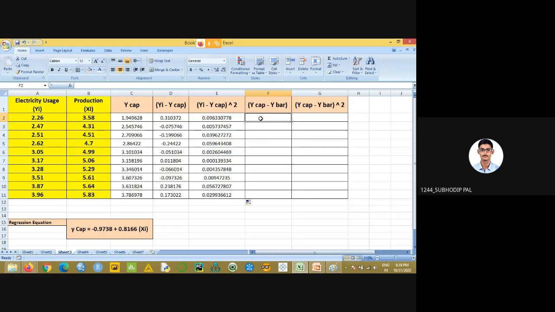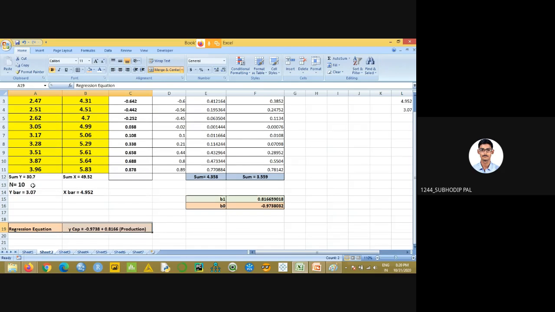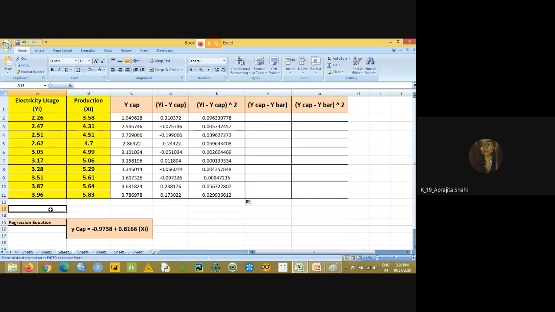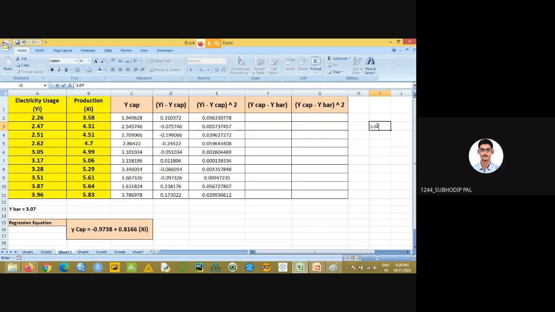Okay. In the next step, we have to calculate y cap minus y bar. What was my y bar? Remember, y bar is 3.07.